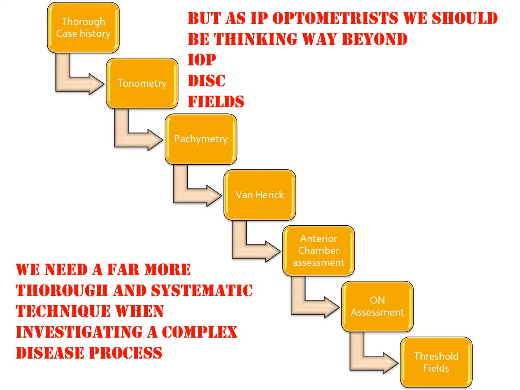You don't want to just do fields, do pressures, look at the optic nerve and refer. So we need a thorough case history, we need tonometry, we need pachymetry, we need some form of angle assessment, and then looking at the anterior chamber for secondary glaucomas. Then finally we go to the optic nerve, and then finally we do fields.